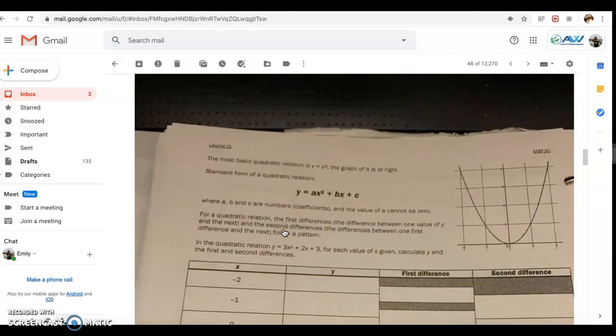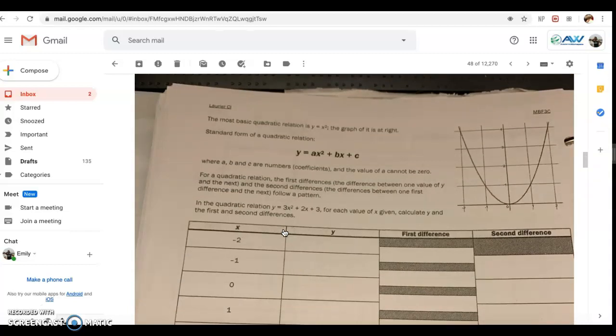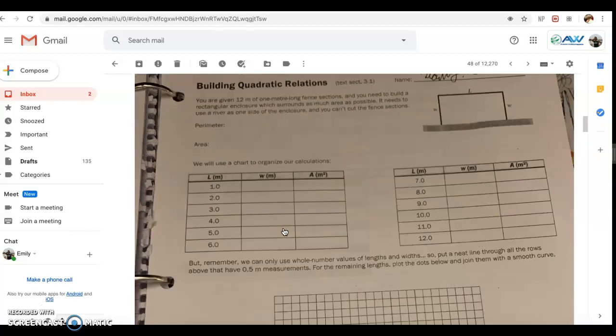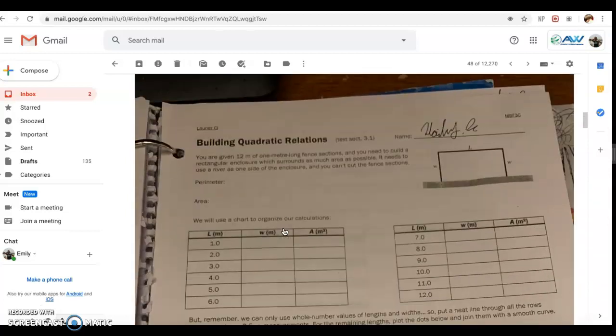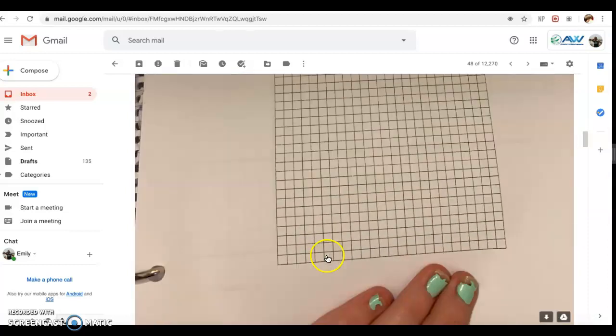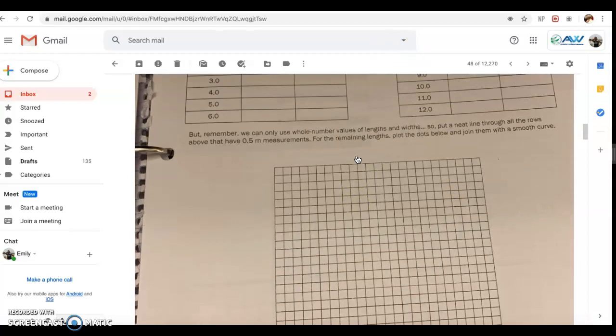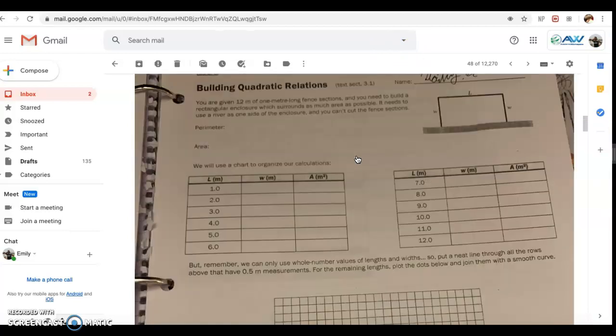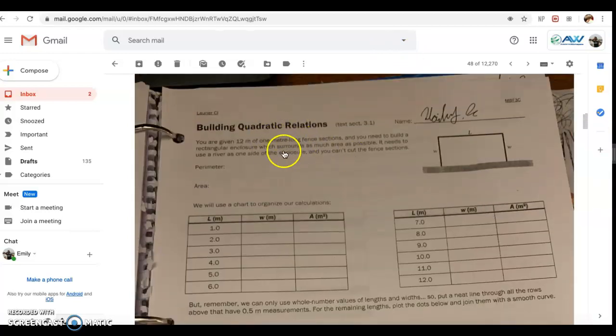Okay, that looks like that's the end of that question. Once you have finished filling in the table and then plotting the points, you should be able to use that to answer the question here, which dimensions give the maximum area.